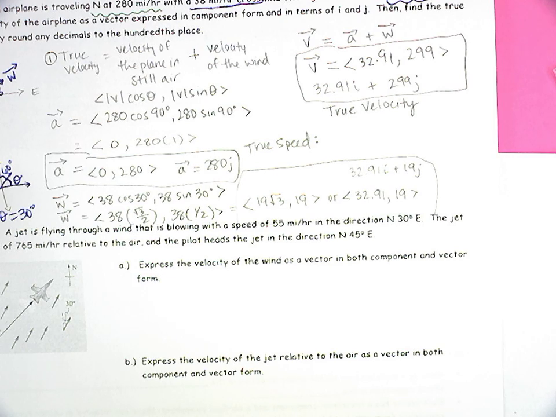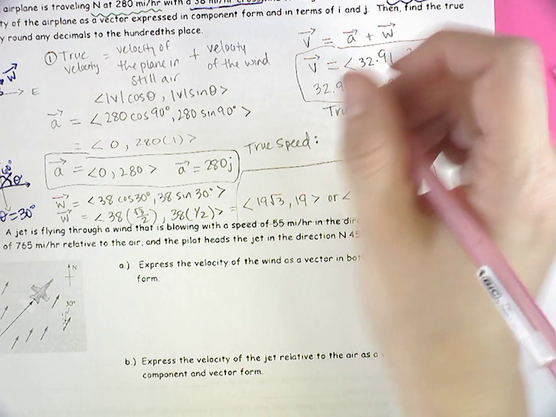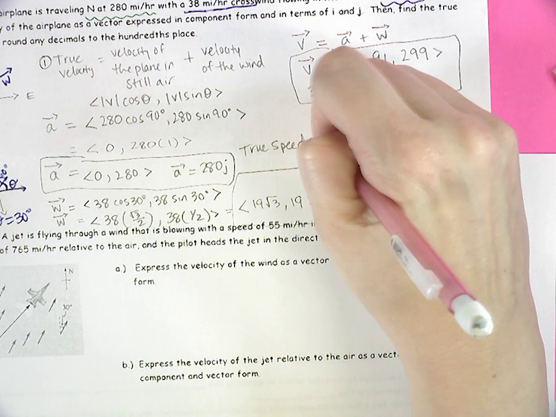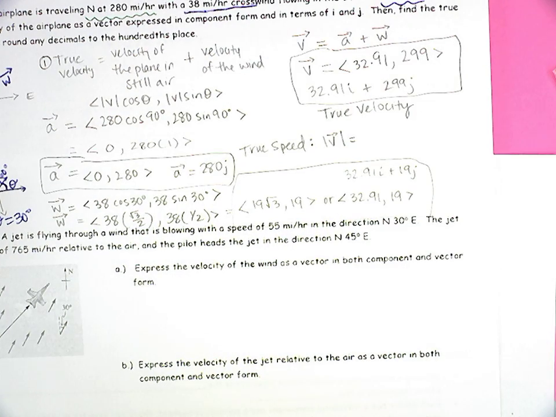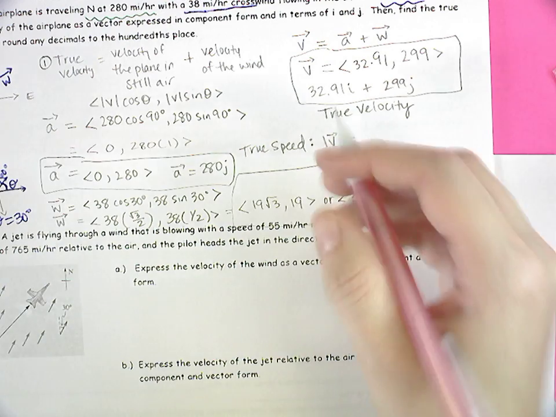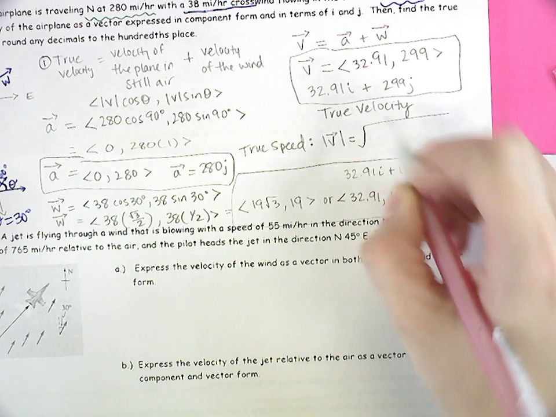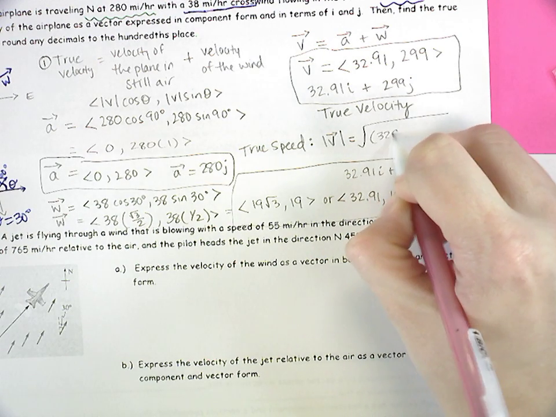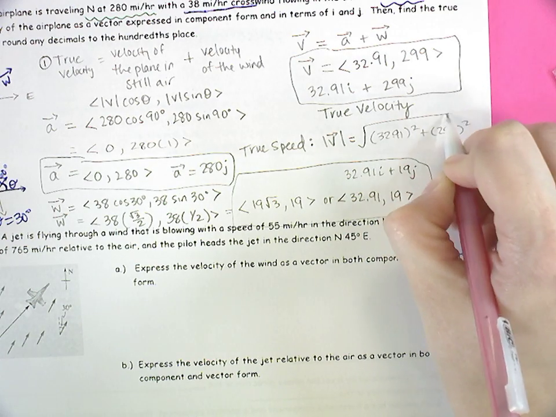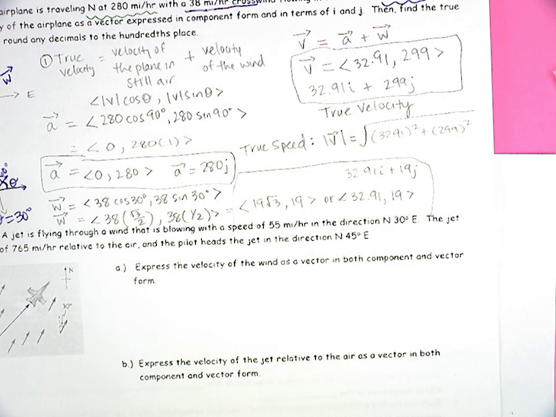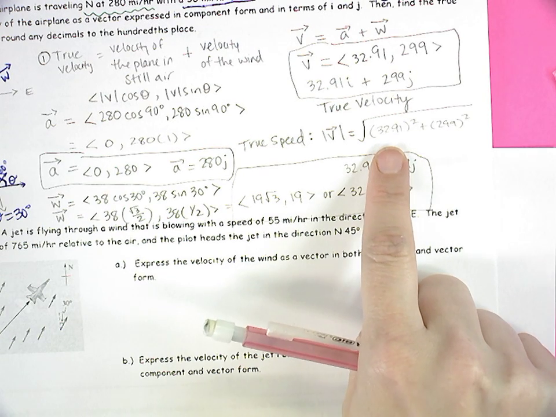So the true speed is going to be the magnitude. It's going to be the square root of 32.91 squared plus 299 squared, or you could use the 19 root 3 there.